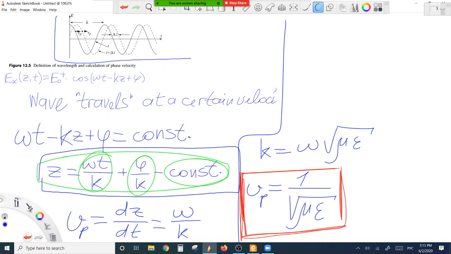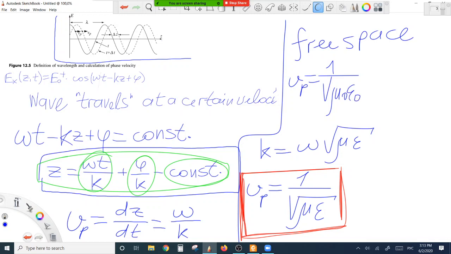In the case of empty space, or free space, Vp will be equal to 1 over square root of mu 0 epsilon 0, which is equal to the speed of light c. This is for free space.